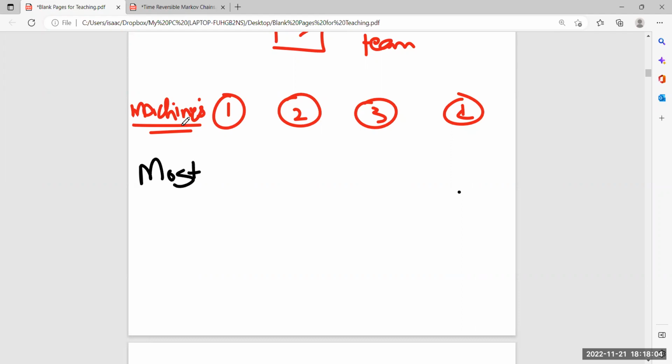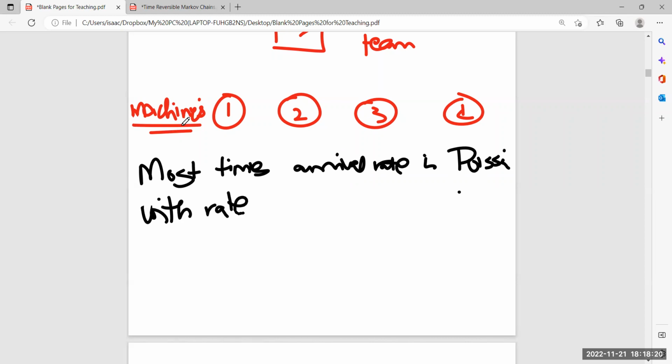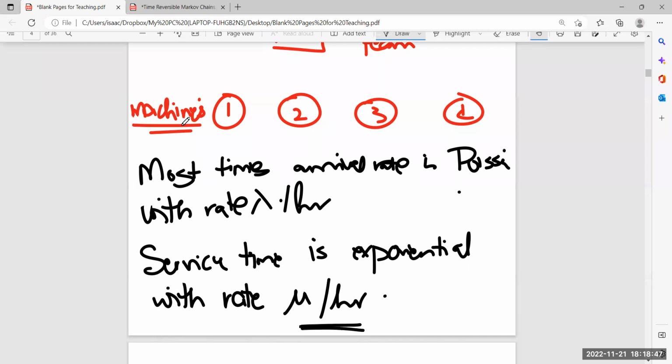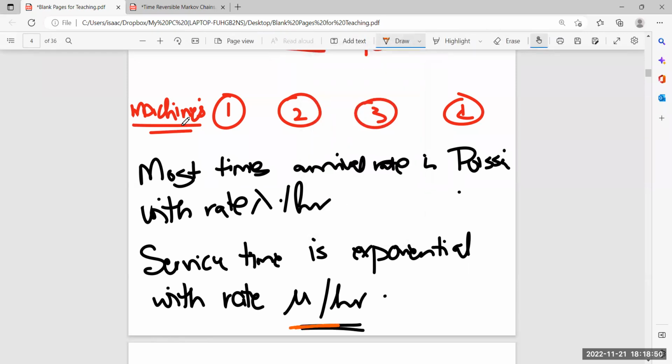So most times, the arrival process is Poisson with rate lambda, let's say per hour, and the service time is exponential with rate mu, say per hour, right?